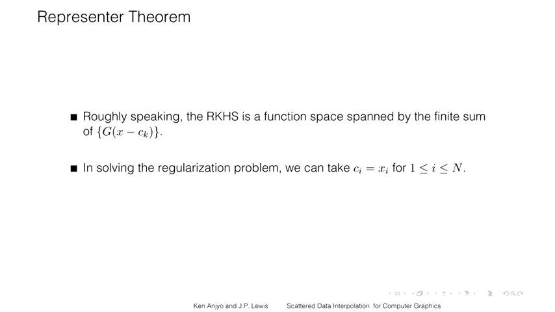But now, according to this theorem, we just want to consider the weights of the functions G(x minus c_k). Considering just a finite number of weights means we consider a finite dimensional space.